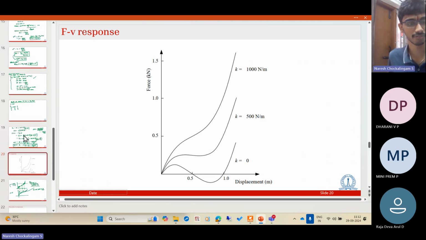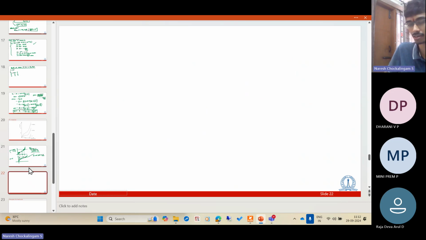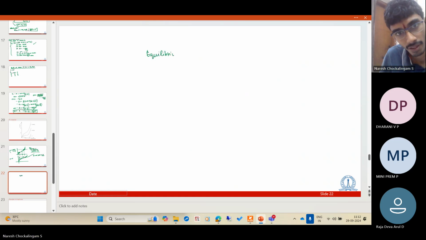So in the rest of this, what we'll be doing is we'll derive something. What we did just now is, the equation we were solving for: we had an equilibrium equation, we had a nonlinear geometry, and we had linear stress-strain.